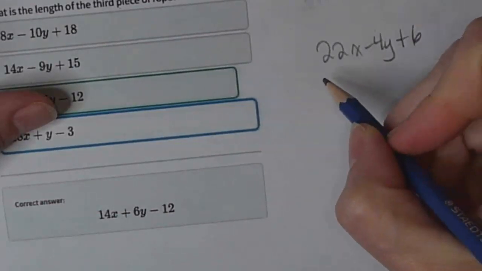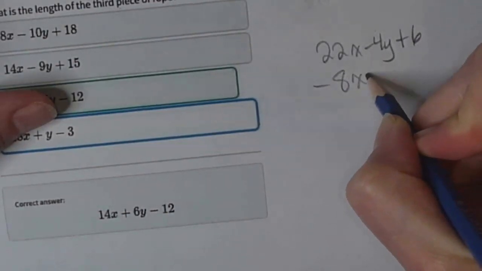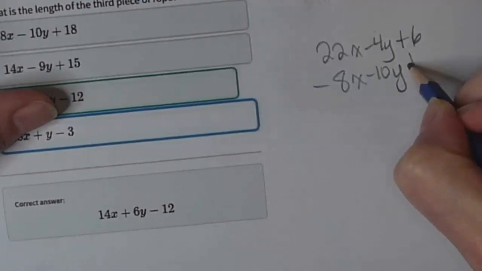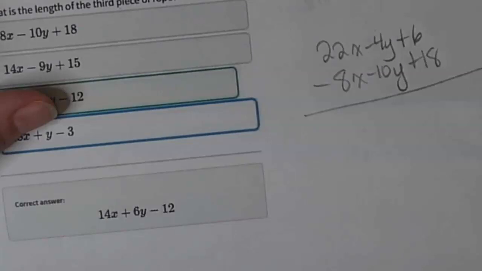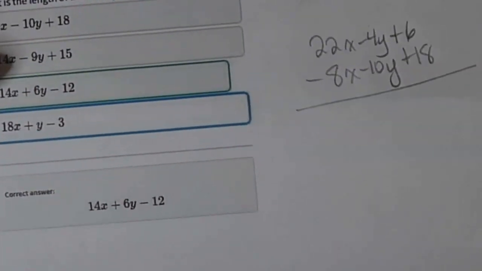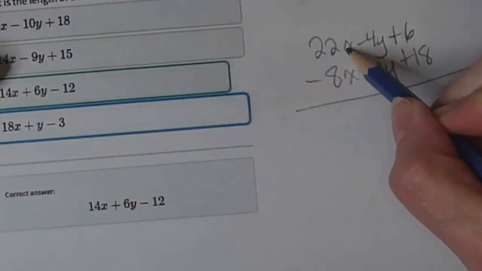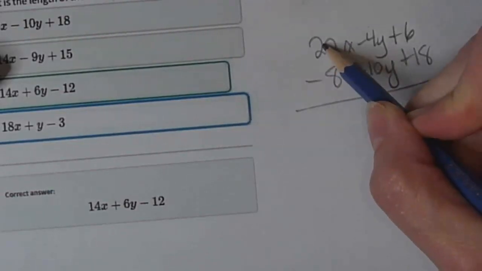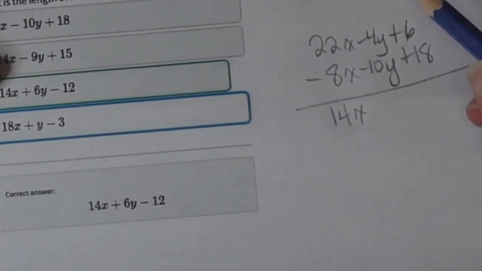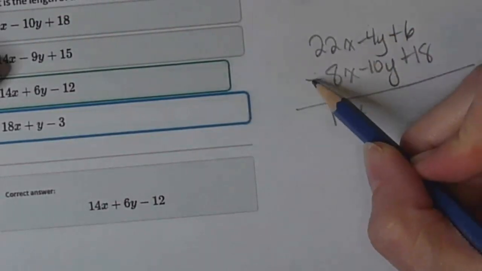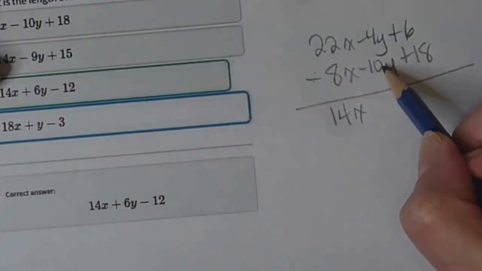But I've got to get rid of these 8x minus 10y plus 18. Now remember, when you've got minus and minus, you've got some crazy things happening. So 22x minus 8x is 14x.